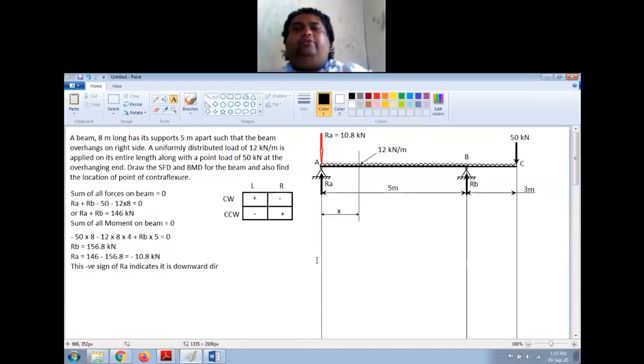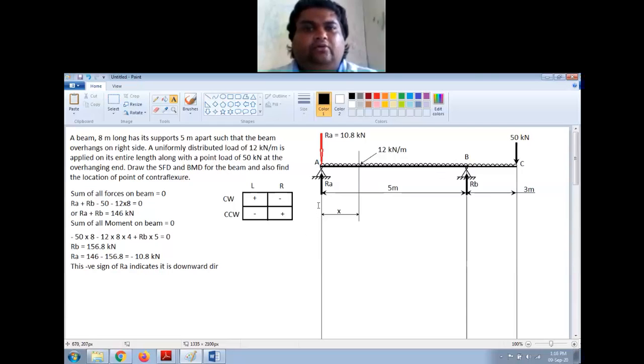Now we'll start with our shear force diagram. To draw the shear force diagram, we'll start with this end. Like I have always explained, start with this end and then we proceed as this changes.